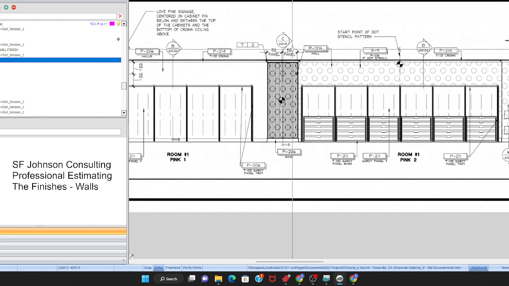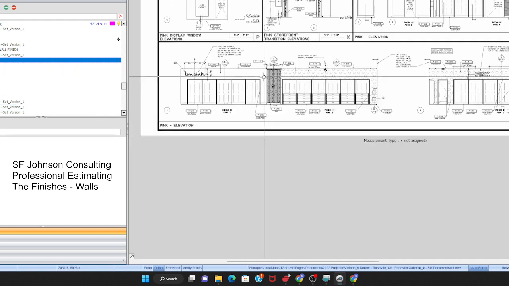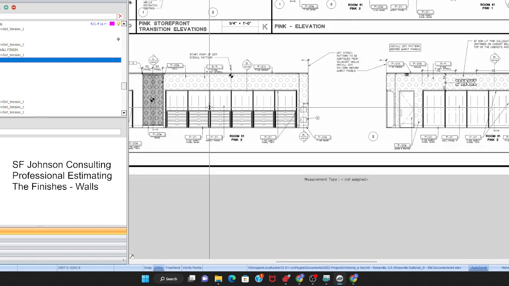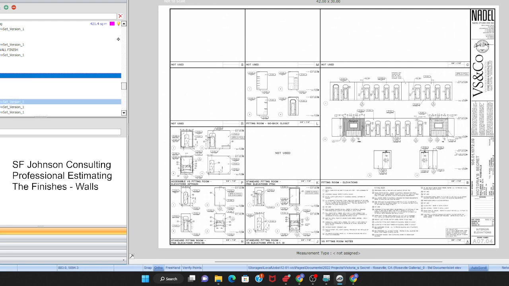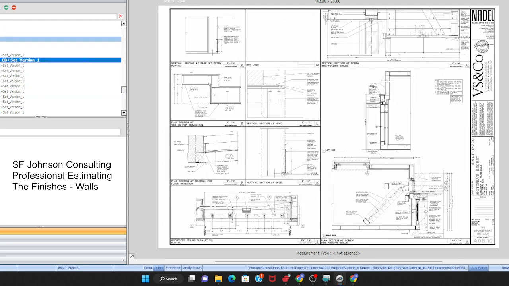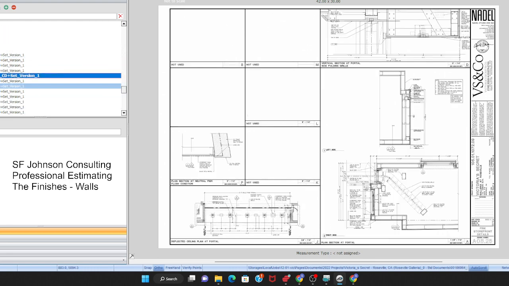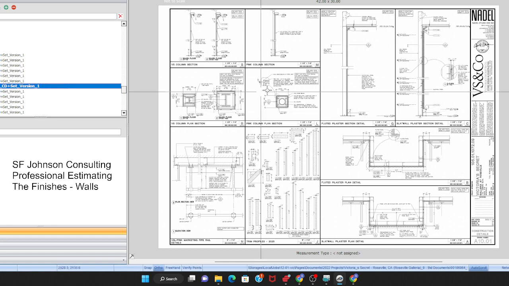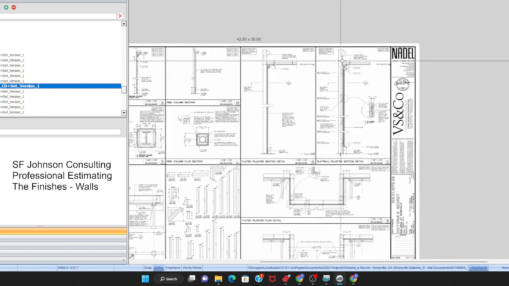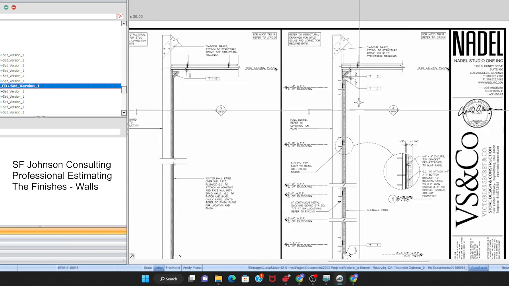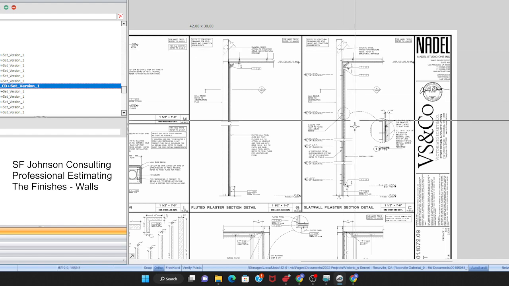Image C, A10.01. What page are we on? 10.01. So over here. Down here. Image C. Alright, let's find C. Here we go. Alright, so what we got? We cut that right down the middle of that, whatever that is.